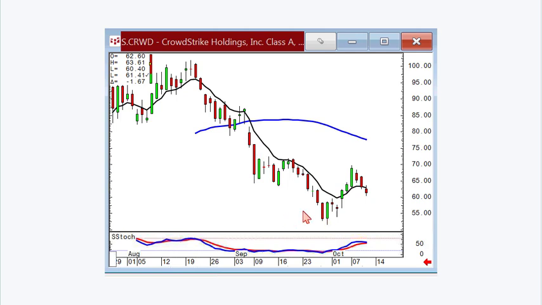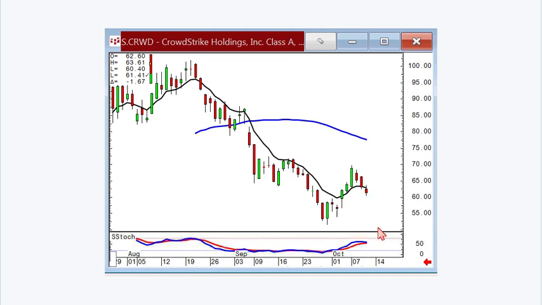Oh, that was CRWD. This one started off nicely, but when it closed below the T line, or closed right here, what was the trading criteria? It better open positive and trade positive. If it opens lower, close out the position.